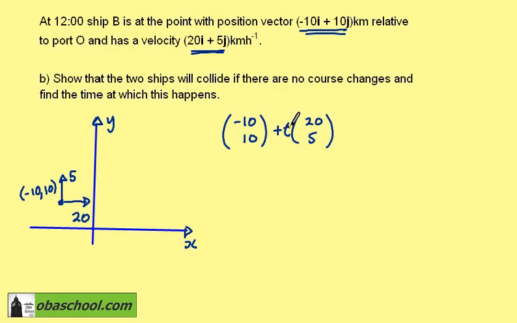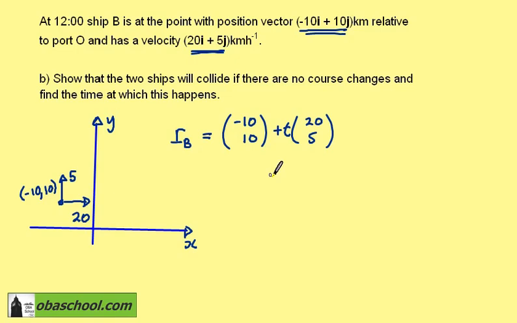So the position vector at any time later would be given by r_B is (-10, 10), its position vector at the start at 1200 hours, plus t, the time that has elapsed, times (20, 5), which is the velocity.